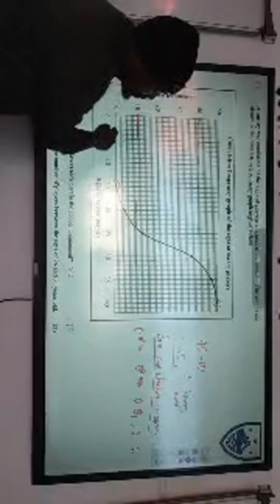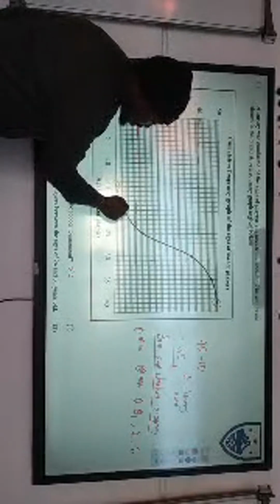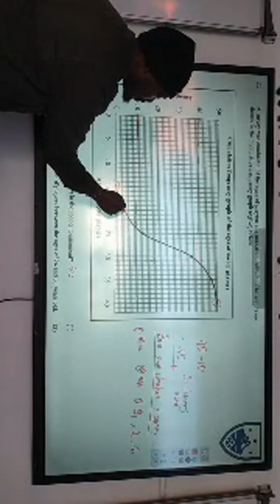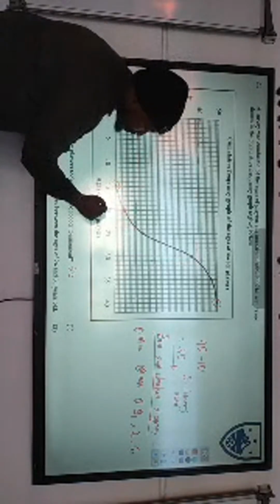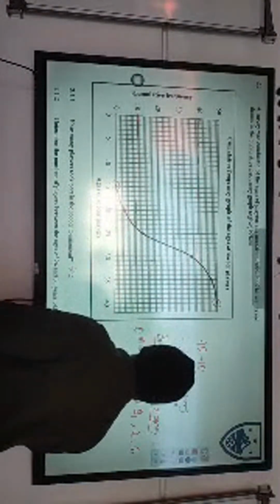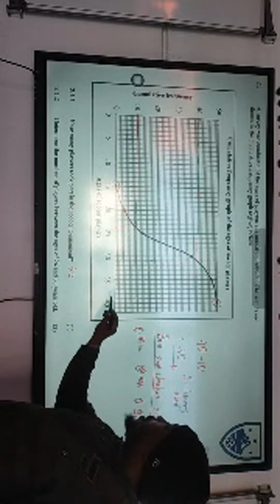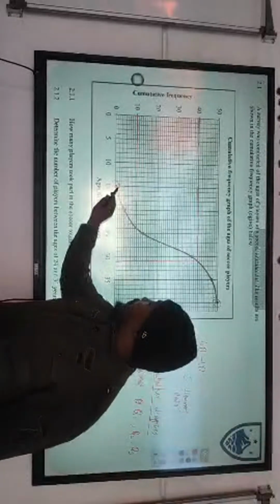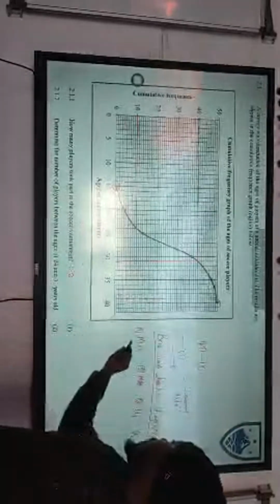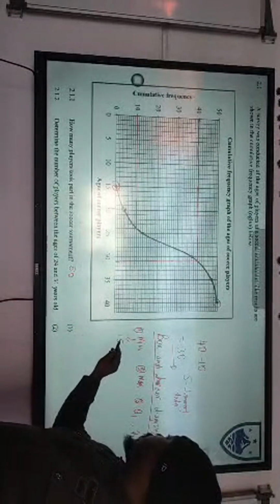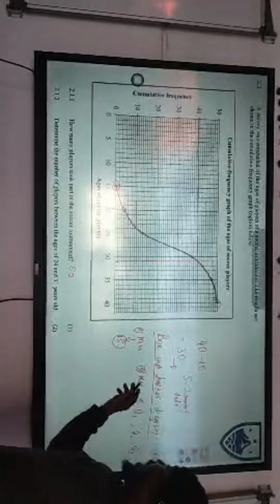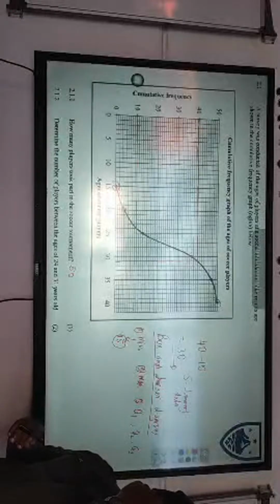So the minimum value will be the first data set, at 20. Now, this will be the first value. We have 20 of them, and our minimum value is the one which is grounded, which is the age of 15 at 0.